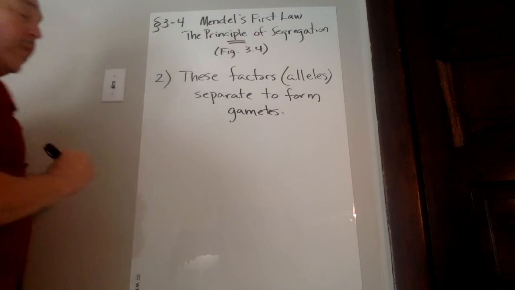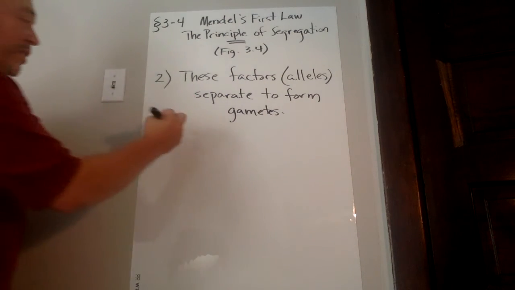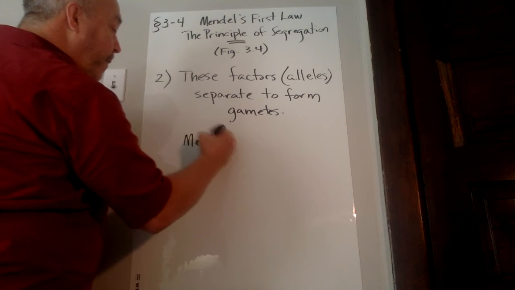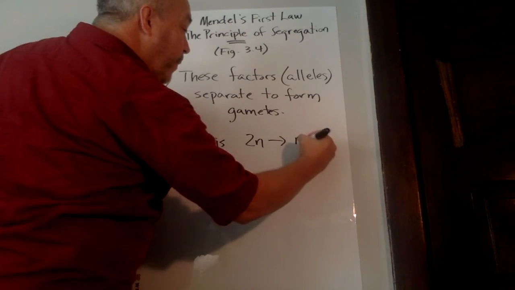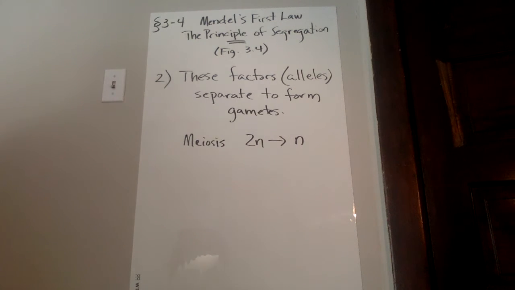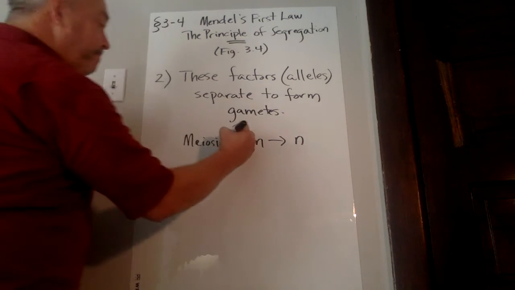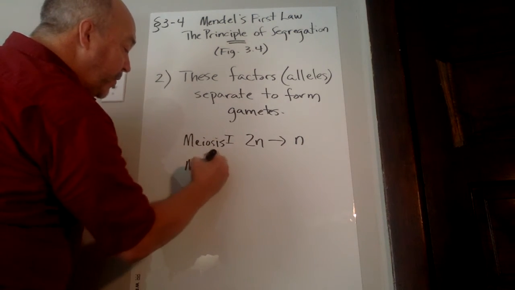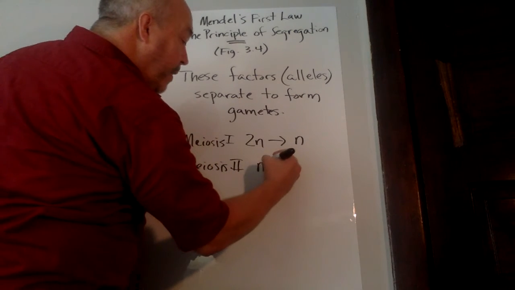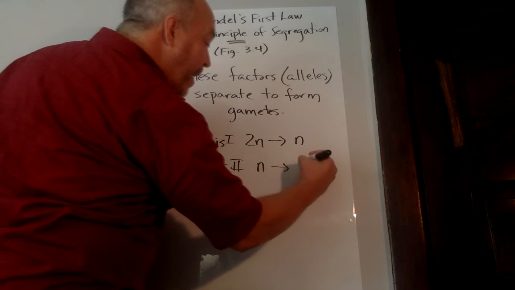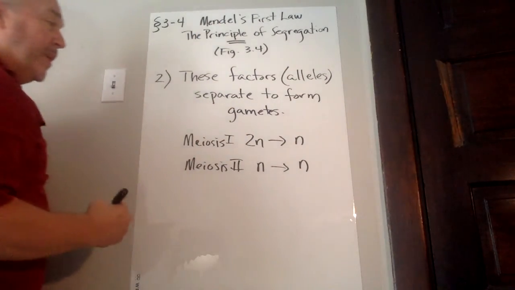Matter of fact, this is what we just saw. We just saw that in meiosis 1. We took a diploid organism and created a haploid organism. And then in meiosis 2, we took that haploid and divided it again, separating the sister chromatids.